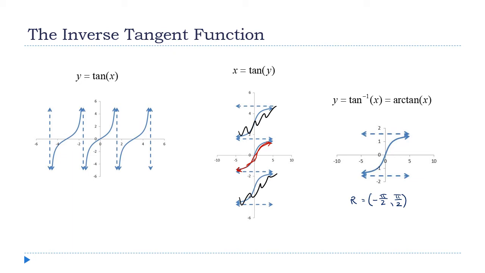The graph never actually gets to those numbers. There is no x value that gives me negative pi over 2. There is no angle whose tangent is pi over 2 or negative pi over 2. So those two we're not going to include here.